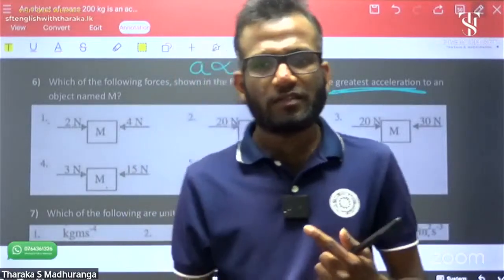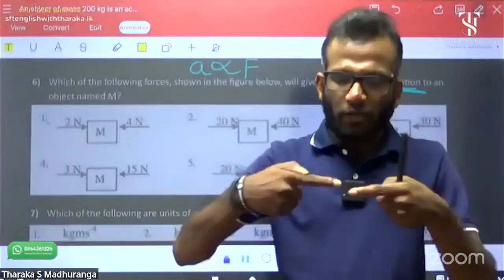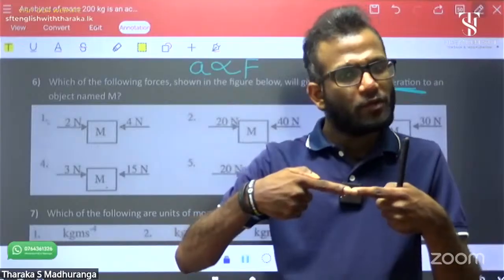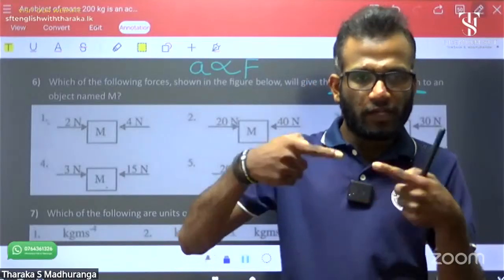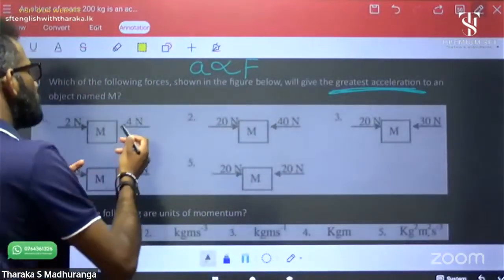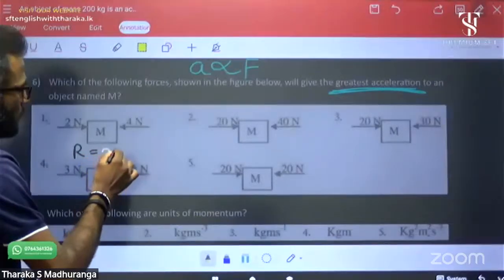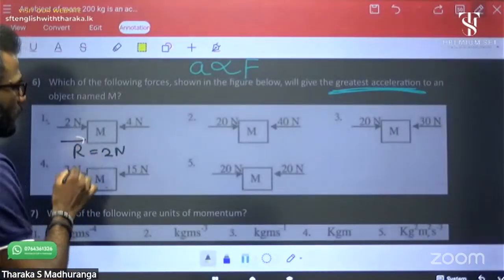Okay, two forces acting along opposite directions. Then how to get the resultant force? Greater value minus lower value. 4 minus 2 equals 2 Newton to the right side.